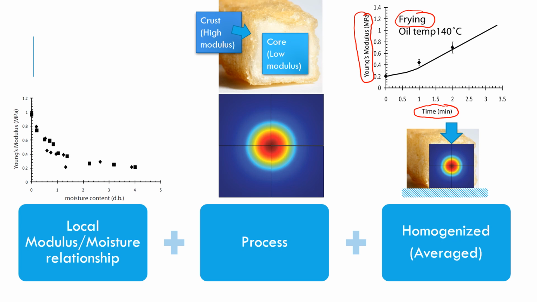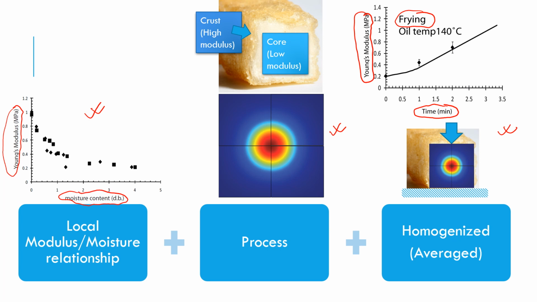The point is, the process we did by combining this with the process and the averaging is fairly generic, and it can apply to other processes related to frying, let's say drying. In fact, we have done this. We first got these modulus versus moisture by drying the strips.